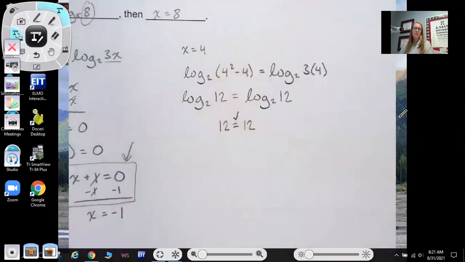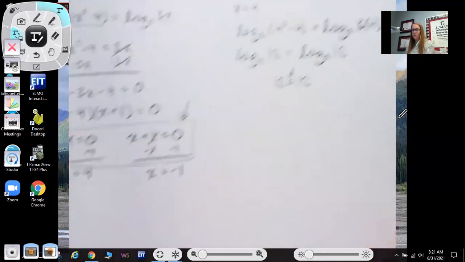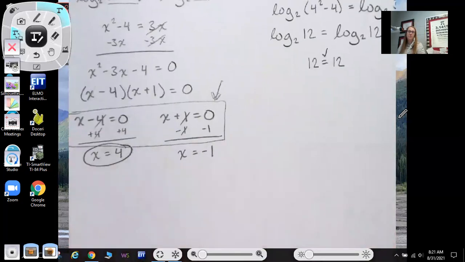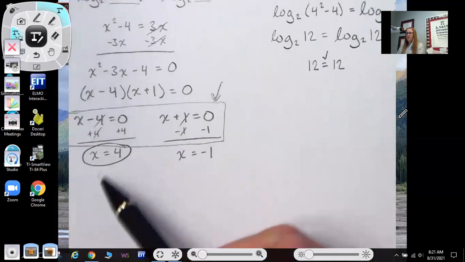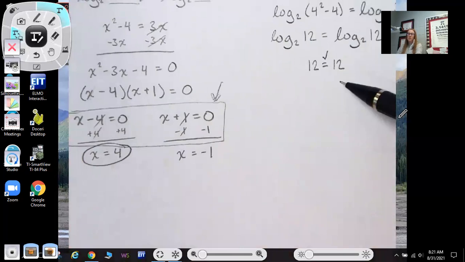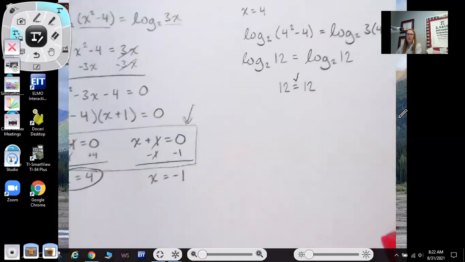That's a true statement. So when we checked x equals 4, it worked out. That means x equals 4 is a solution to this. I'm going to circle it. Circling it shows that not only did I get it as an answer, but I already checked it to make sure it's a solution, and it is, so I'm circling it.